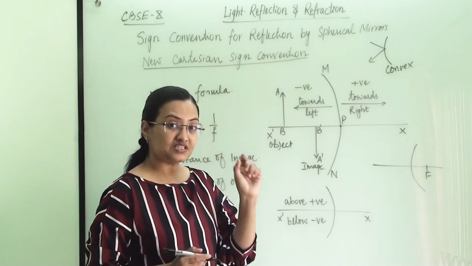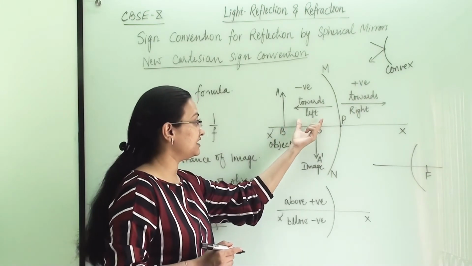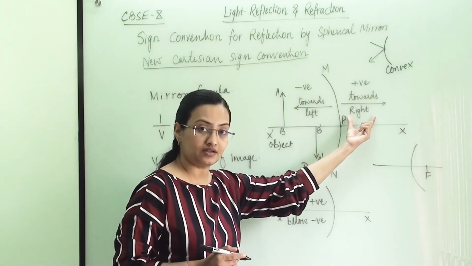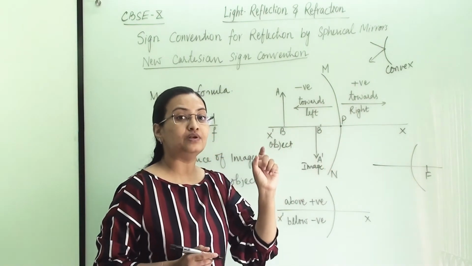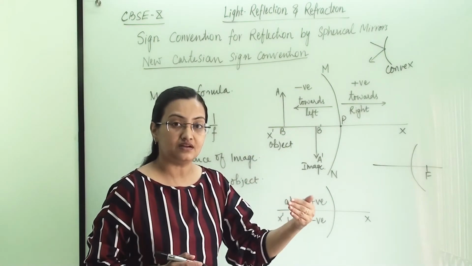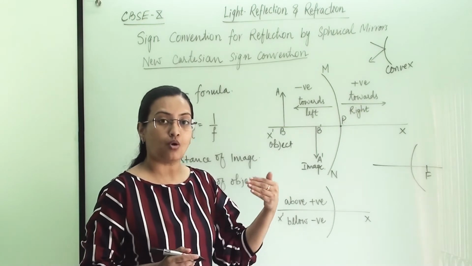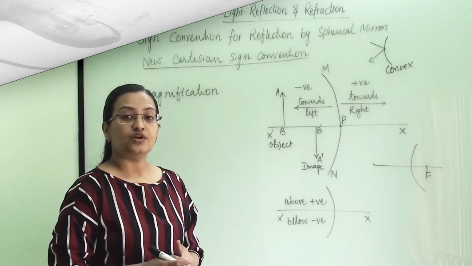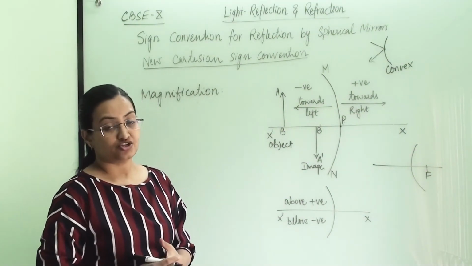From the sign we get to know whether it is towards the left side or right side, and the number denotes how far it is from the mirror, whether it is a concave mirror or a convex mirror. Now we are going to discuss the magnification of mirrors.